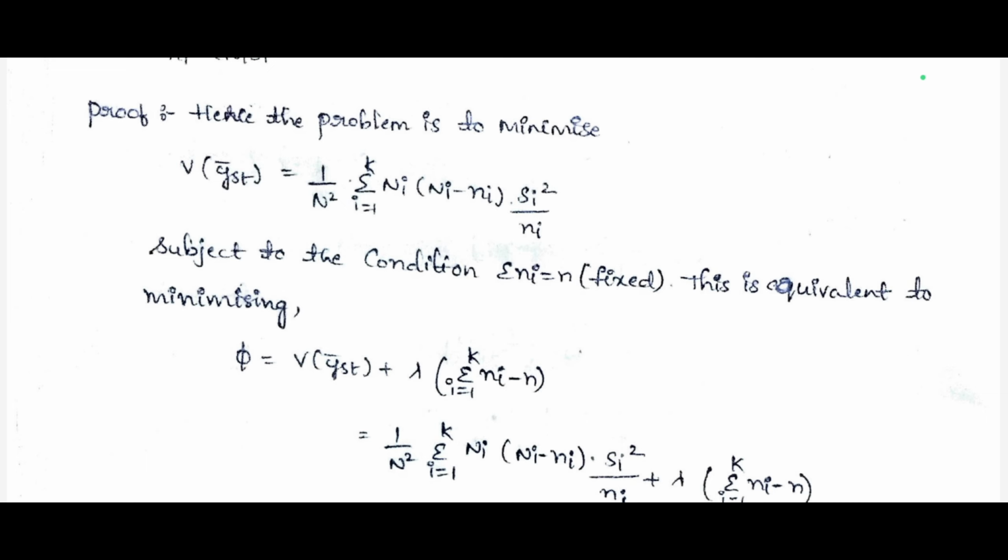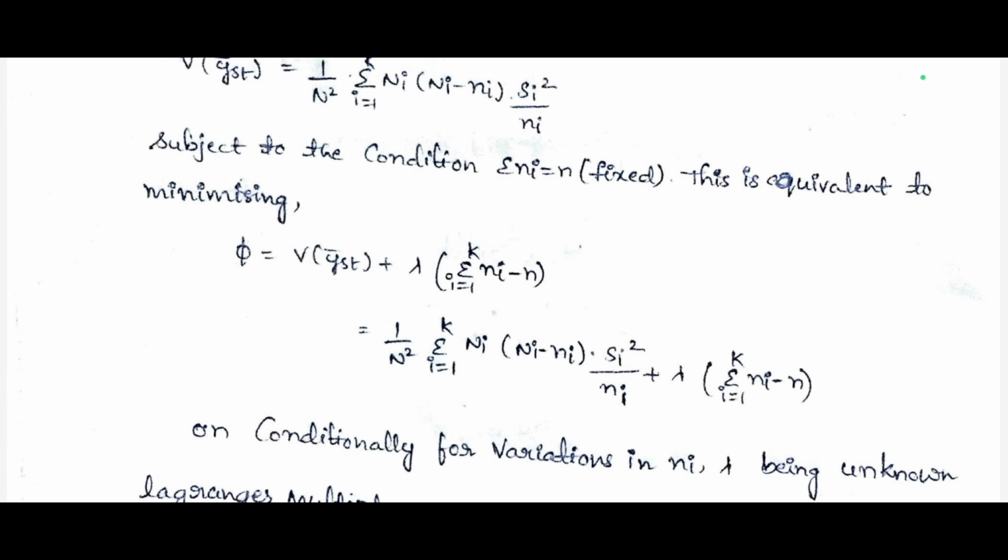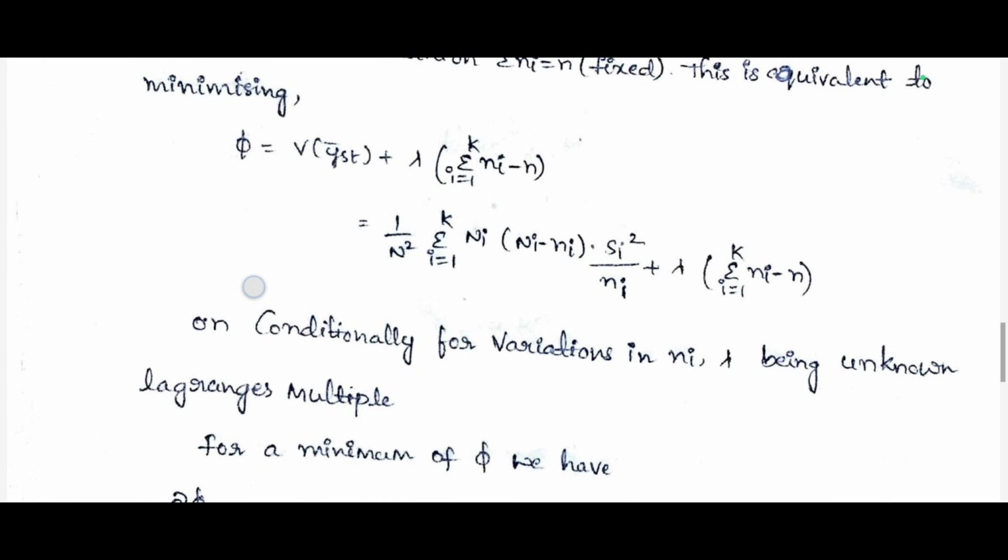This is equivalent to minimizing, so what is the minimization function? Just consider phi of the variance of y bar of st plus some constant lambda times summation i runs from 1 to k of ni minus n. We have to minimize this by partially differentiating with respect to ni.